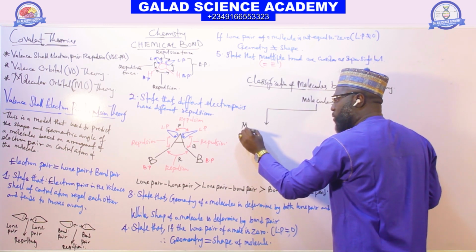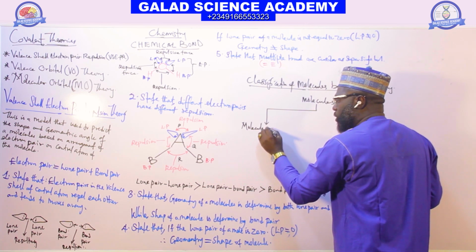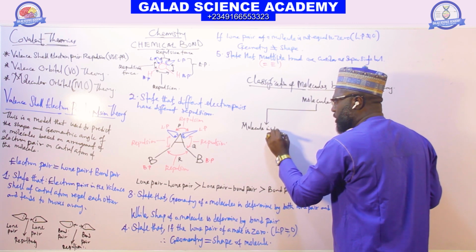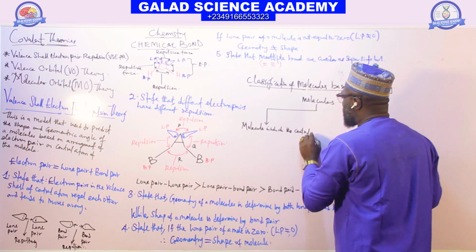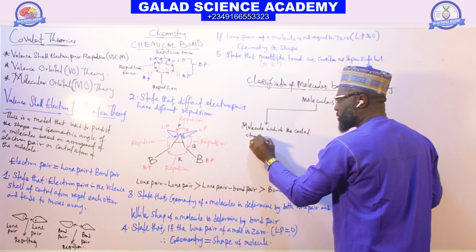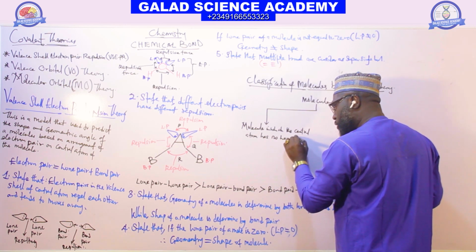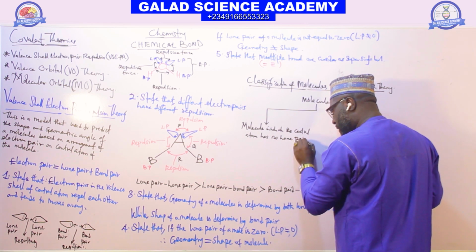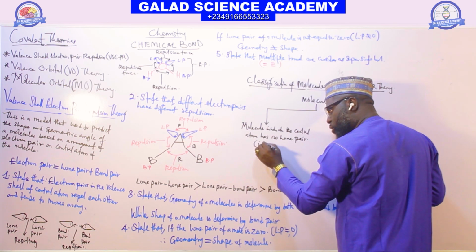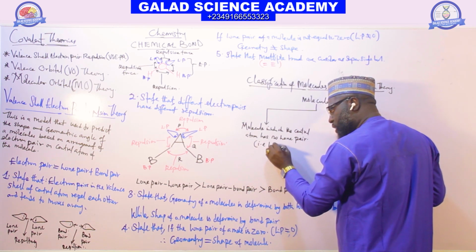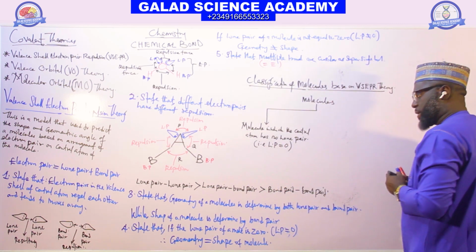The first one is a molecule in which the central atom has no lone pair, that is, the molecule with zero lone pair.